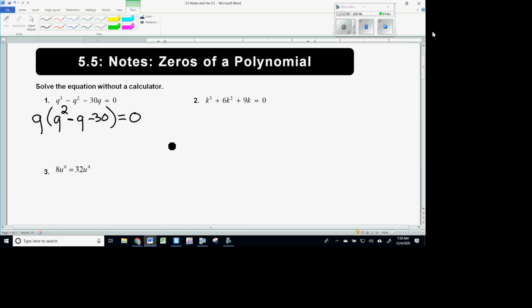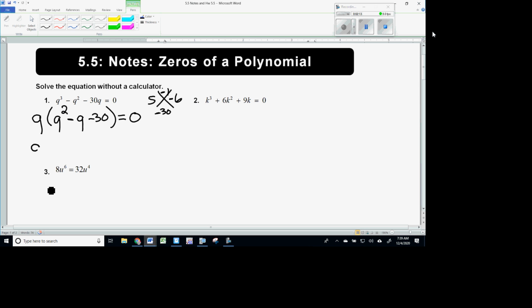What are two numbers that multiply to give us negative 30, add to give us negative 1? 6 and 5 give us the 30. Now to get the negative 1, it's going to be negative 6 and 5.